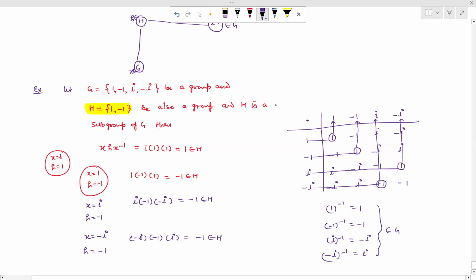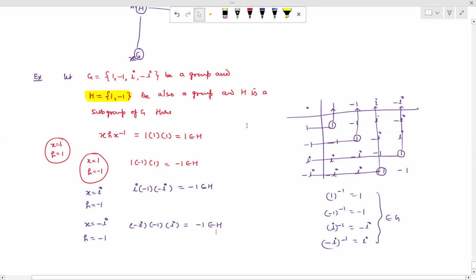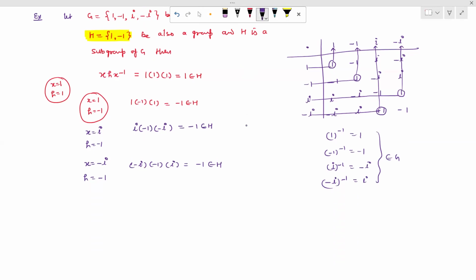So we see that when we take any element x of group G and apply x h x inverse, it gives us an element of H. Hence H equal to {1, -1} is a normal subgroup of G.